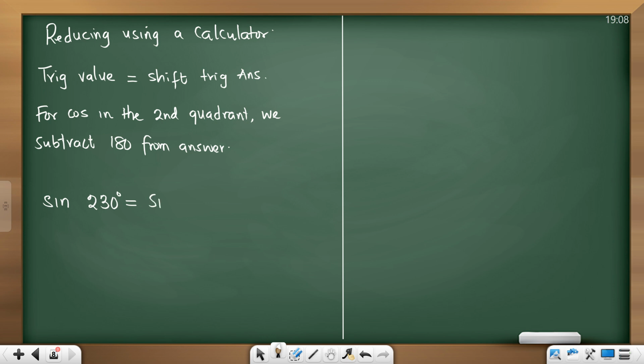Please write that quickly. You would have done this, right? 180 plus 50. That is what we would have done. Let me know once you are done writing, because I'm going to use my calculator now.